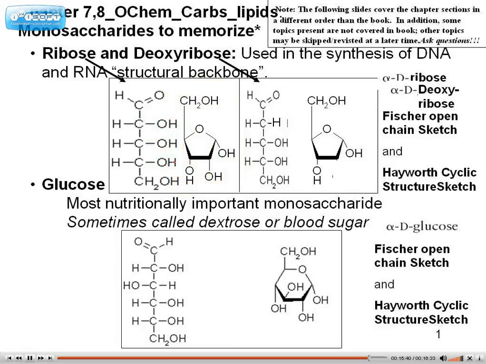Consequently, if you were to sketch one of these hydroxyl groups in an up position, then you've changed the chirality of that particular carbon. And when the alcohol is facing up, the new spatial arrangement, again, the body wouldn't be able to recognize that molecule, much less do anything with it.